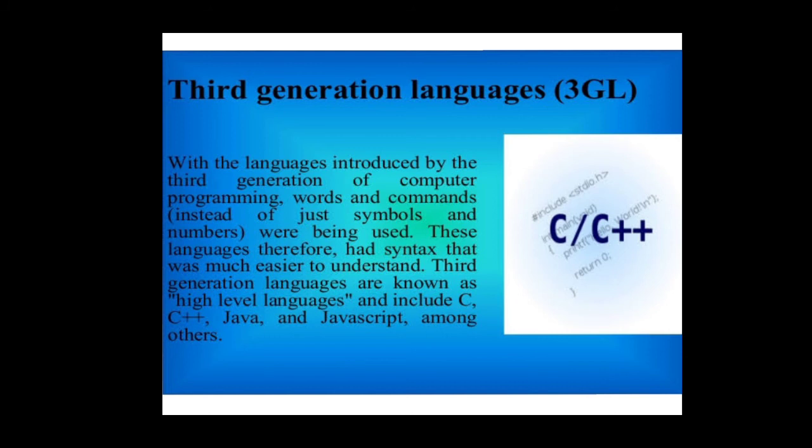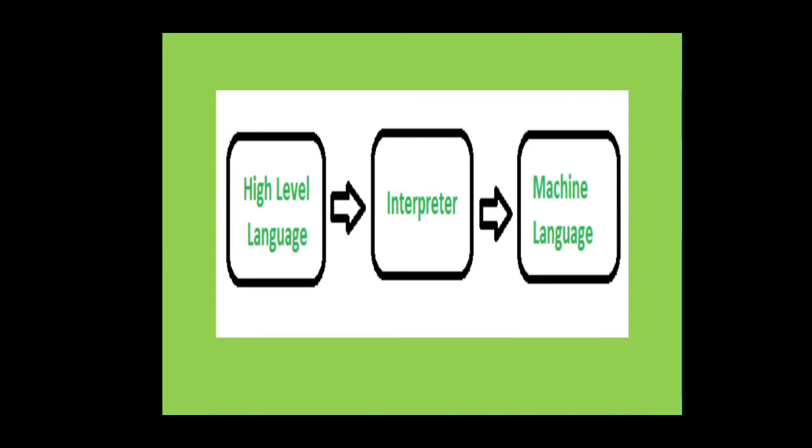With third generation languages we need a translator into machine language. So in between we need a translator for converting these third level languages into machine language. We have two translator programs for third generation languages: the first is the interpreter, and the second is called the compiler. What will the interpreter do? The interpreter converts the high level language into the machine level language.